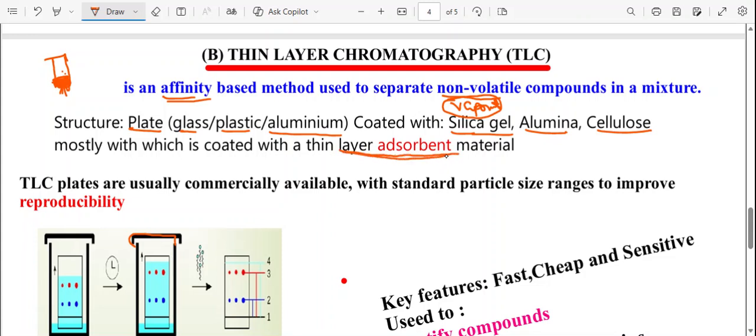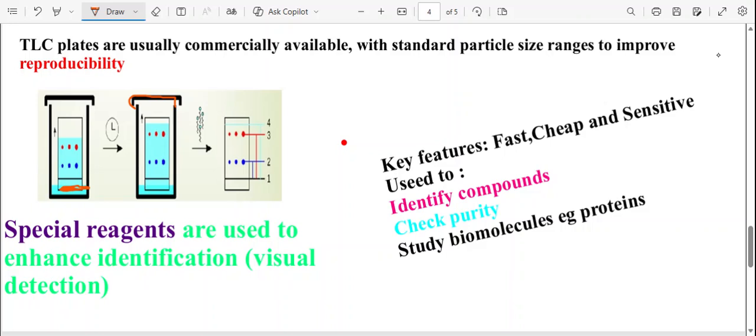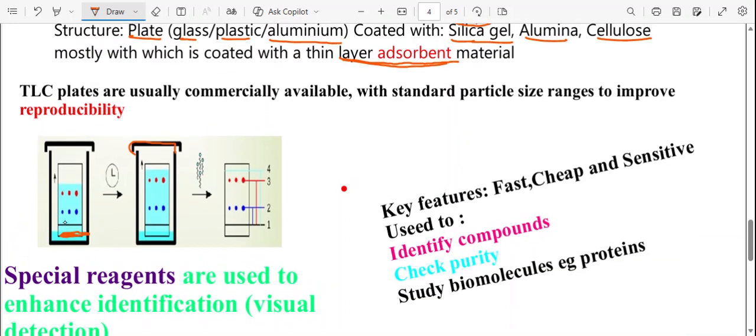So we dip this plate, the glass or the plastic or the aluminium, which is coated, inside there. Adsorbent is the one we use most, and the adsorbent material is what is coated onto the plate.